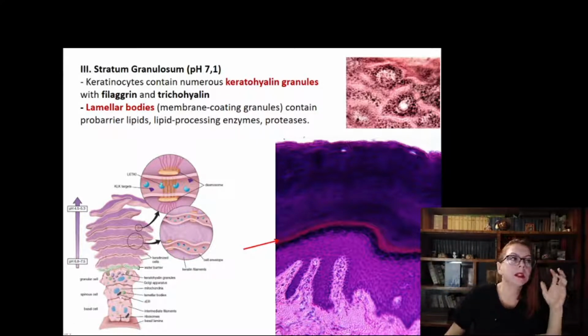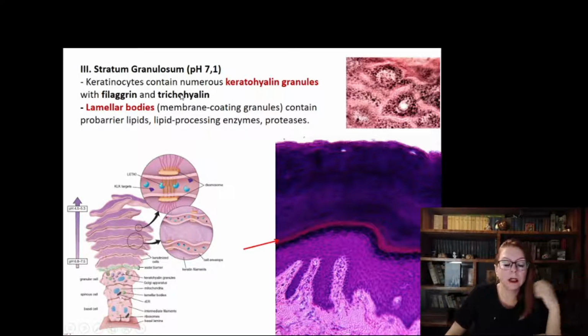The first type is produced on free ribosomes, so they are not surrounded by the plasma membrane. And those granules contain two types of proteins, filaggrin and trichohyalin. And it is not really difficult to remember if you understand the essence. Filaggrin: filament aggregation. This protein helps to aggregate keratin filaments to make them thicker, while trichohyalin, also participating in the same process, consists of two words.